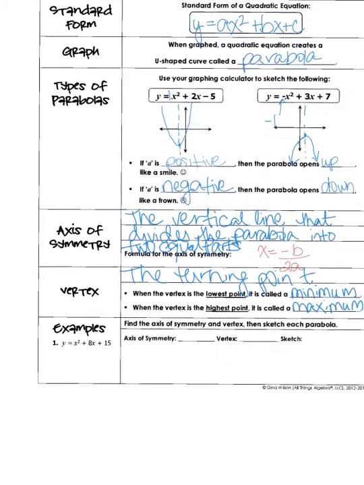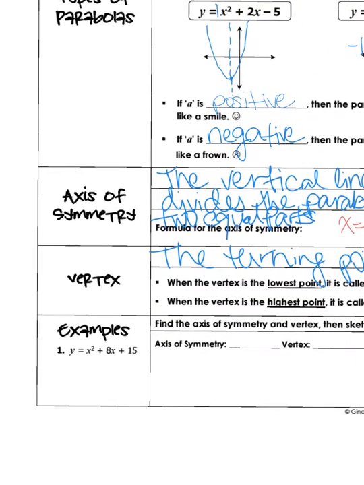So let's do some examples of graphing, and what I want you to do on your first classwork assignment. The first thing I want you to do is to find the axis of symmetry, using the formula x equals negative b over 2a. I know a in this scenario is 1, b equals 8, and c equals 15.